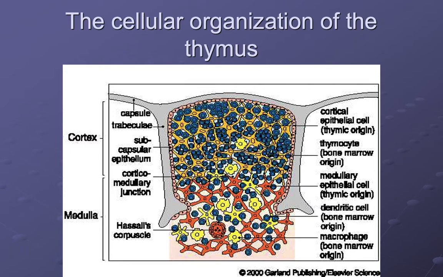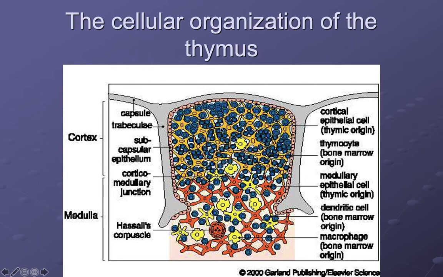Now, if you take a look at the bulk of the thymus, most of the thymus tissue is made up of epithelial cells. You can see there are several types of epithelial cells that we can appreciate in this diagram.